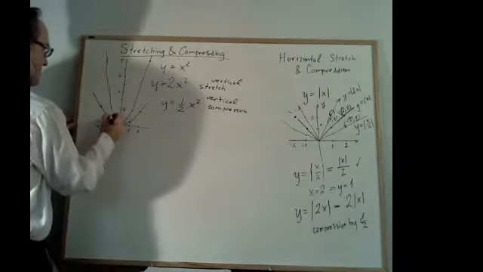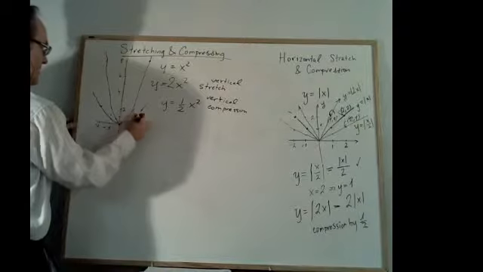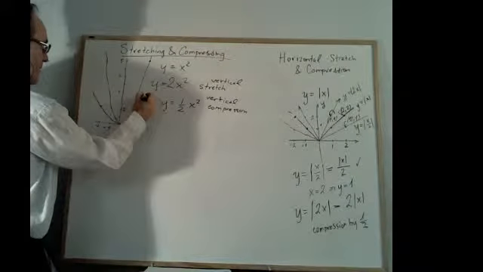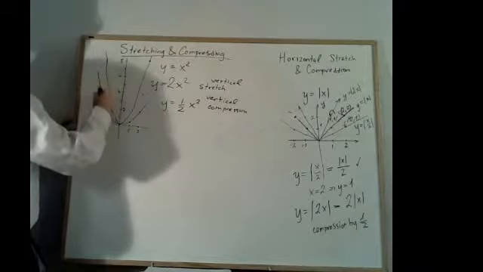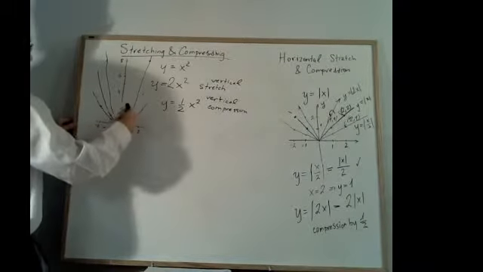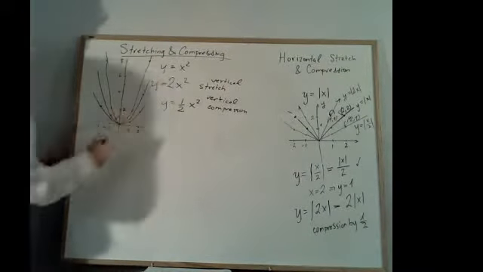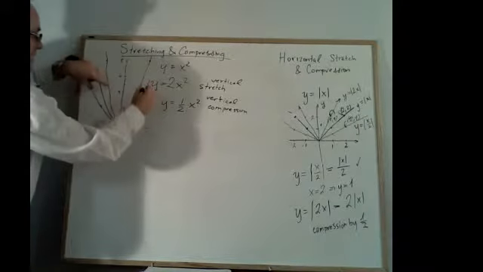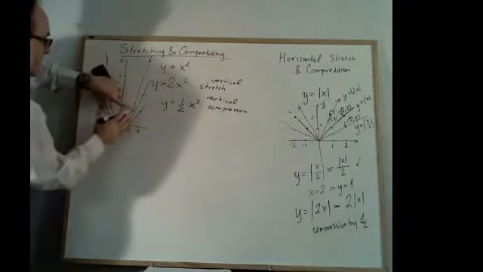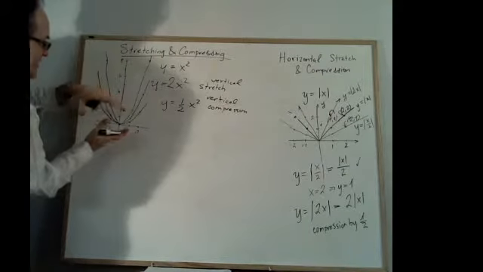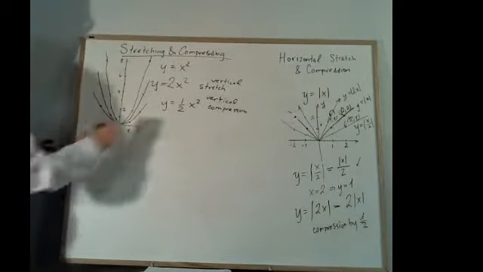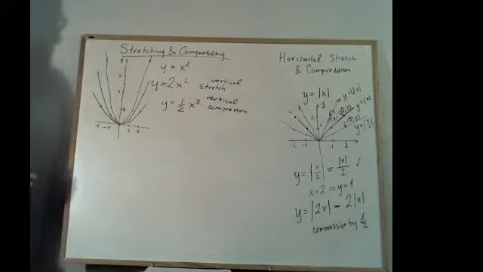Let's show the original curve just to be clear here. Okay, so the original curve is y equals x squared, and you've stretched it to y is equal to 2x squared, and you've compressed it in the vertical direction to get y is equal to 1/2 x squared.